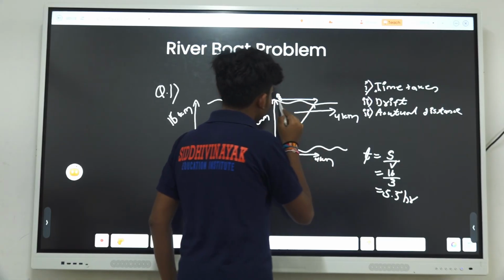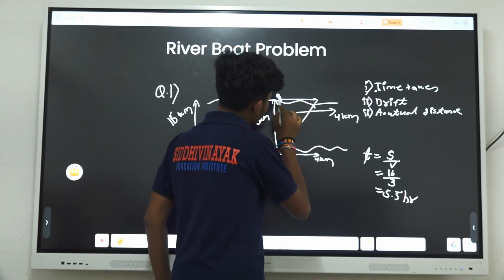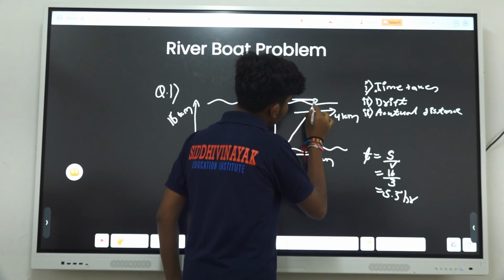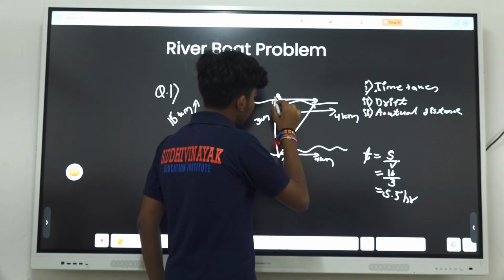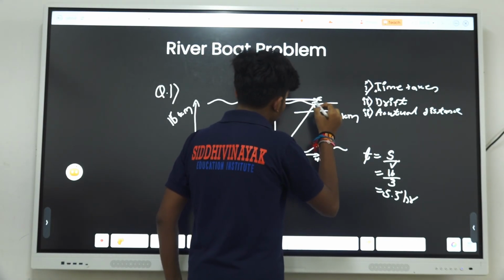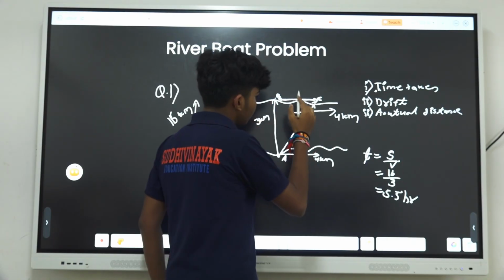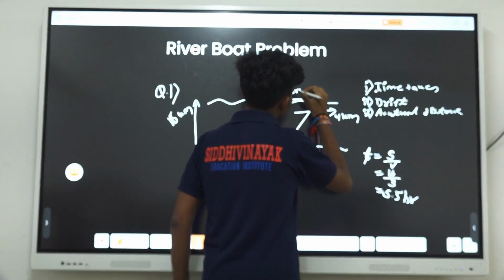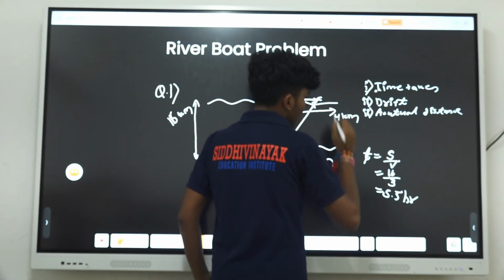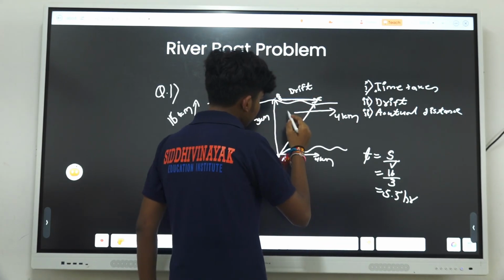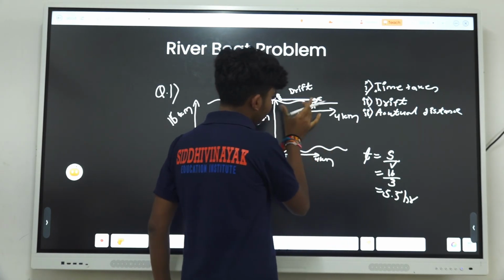Now drift is the distance from B to C, that is, the distance between B and C is called the drift.